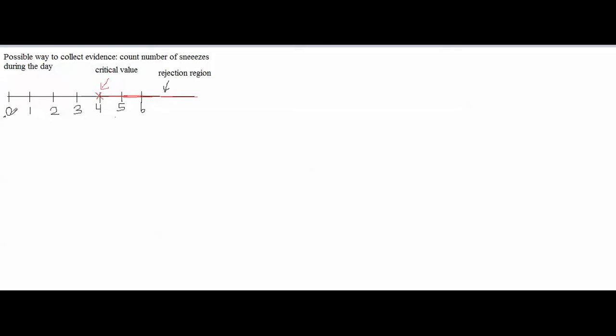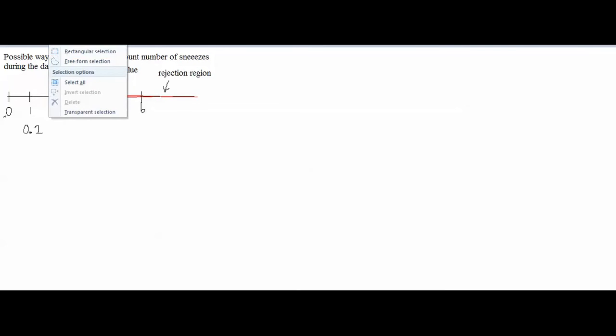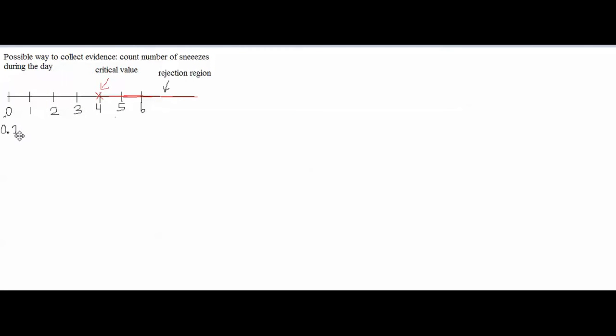So let's imagine that on a day when the null hypothesis is true and I don't have a cold, there's, let's say, a 0.2 chance of me sneezing 1 time. Actually, let's say that on a day when the null hypothesis is true and I don't have a cold, there's a 0.25 chance of me sneezing 0 times.